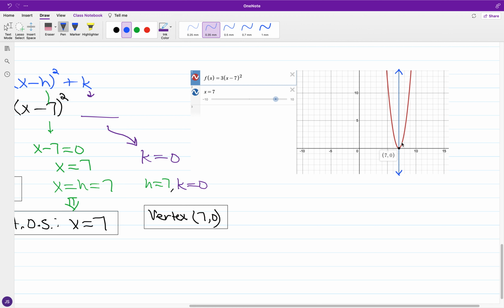This time we have the vertical line x is equal to 7. And again, we have the vertex located at 7, 0. And again, for the graph of f of x, you have a parabola that is going to be opening upward. All right.